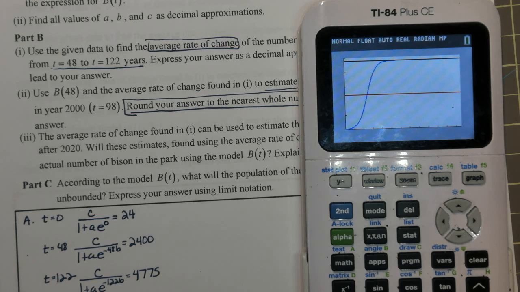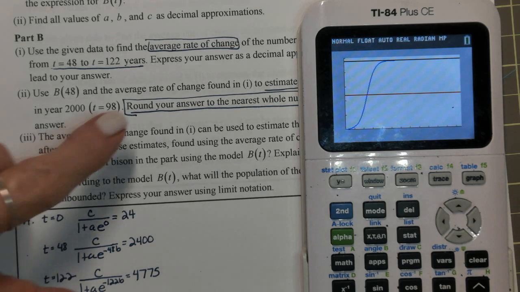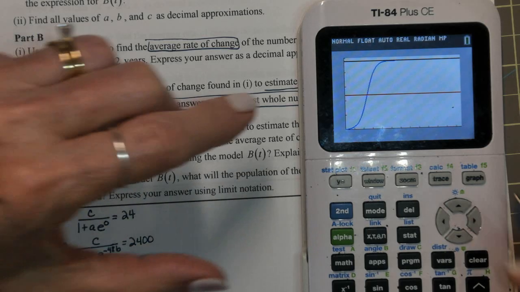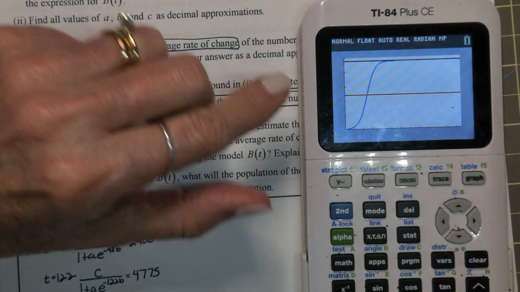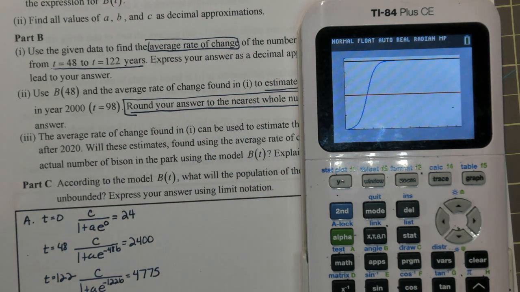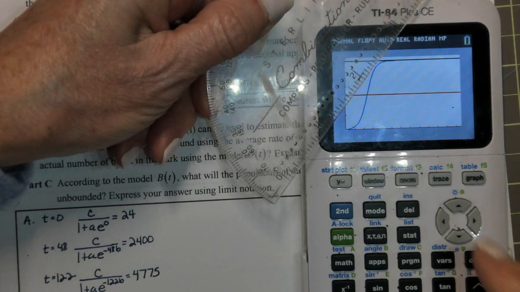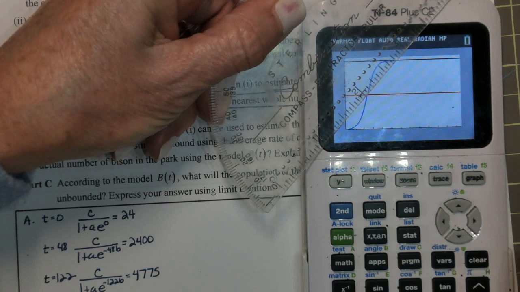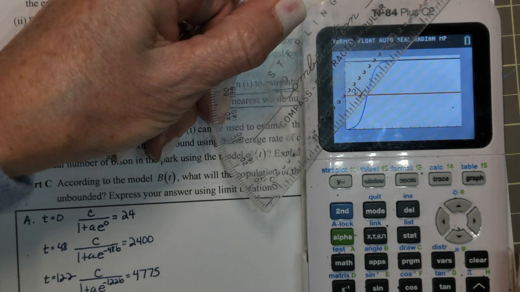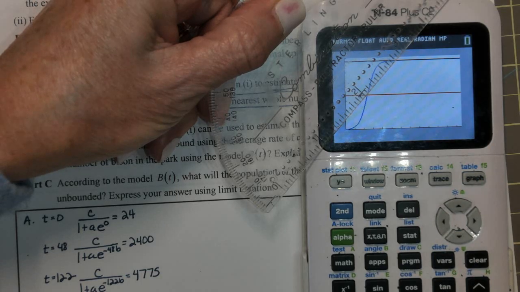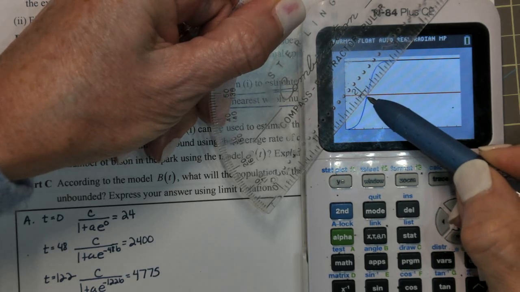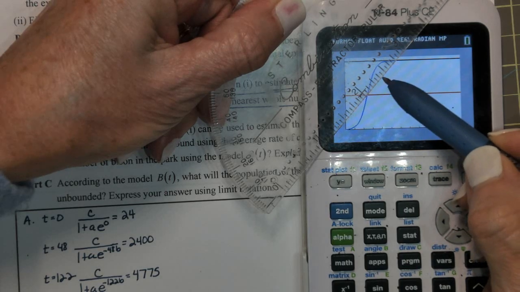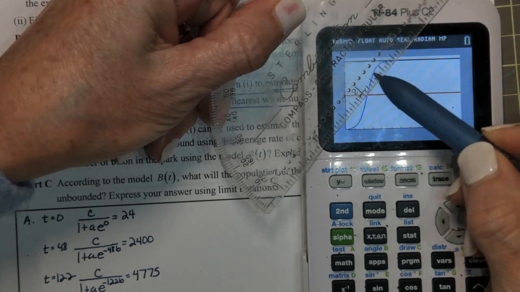There are those. So remember that using the average rate of change as an approximation is using a tangent line. So imagine a tangent line going from this point to this point. Do you agree that for times between 48 and 122, those approximations will be below the curve?